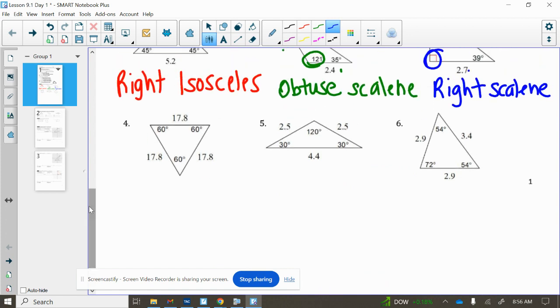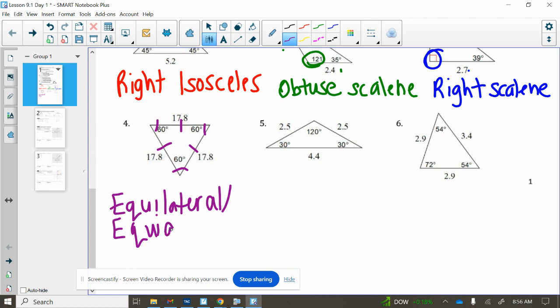Notice we have three congruent sides and three congruent angles, all measuring 60 degrees. So we would call this equilateral and equiangular. You may also see that all three of those angles are under 90 degrees, so you might also call this acute as well as equiangular.